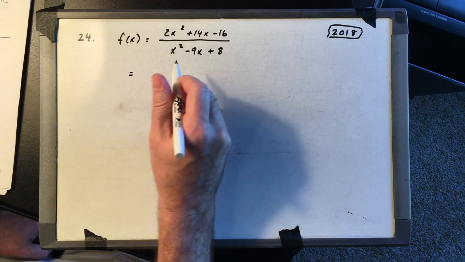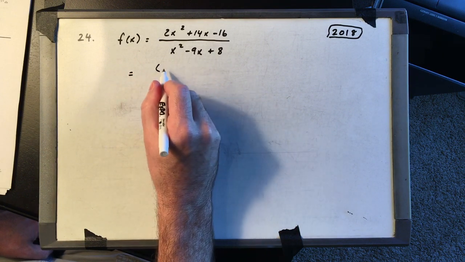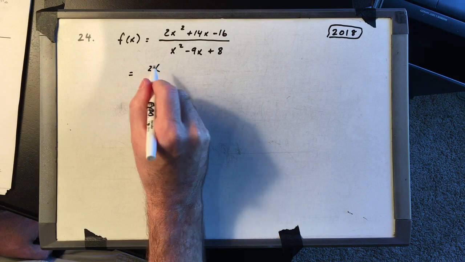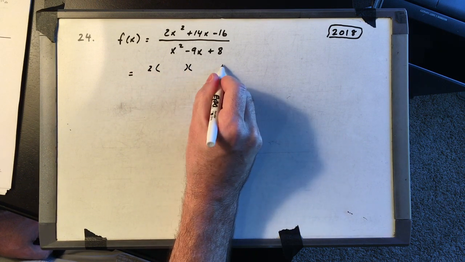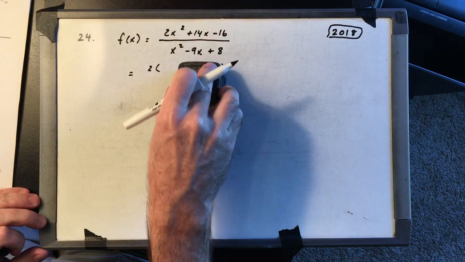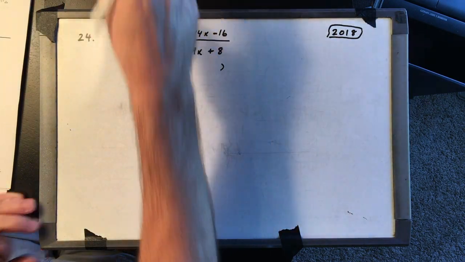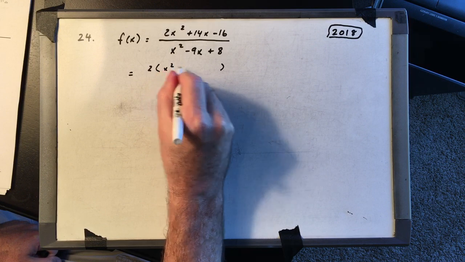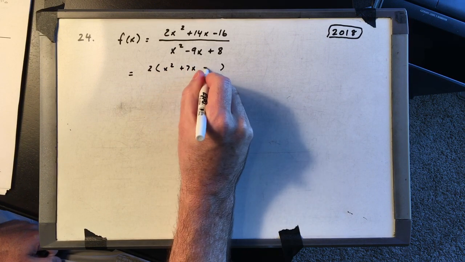So let's factor. On the top we could factor out a 2, and we'd have x squared plus 7x minus 8.